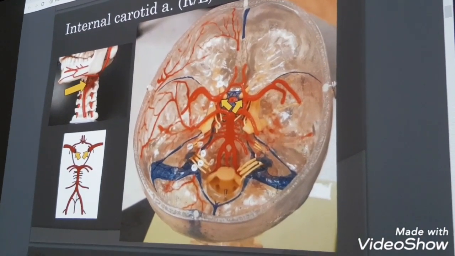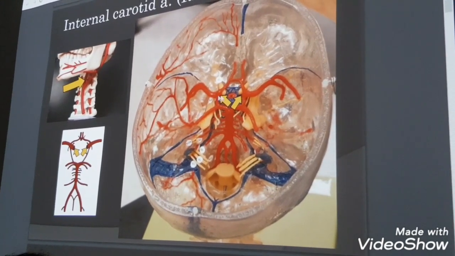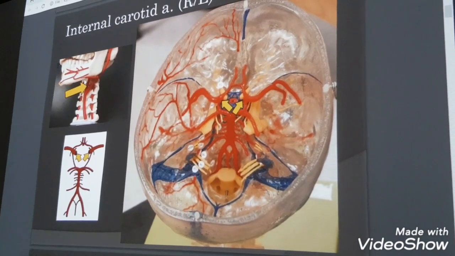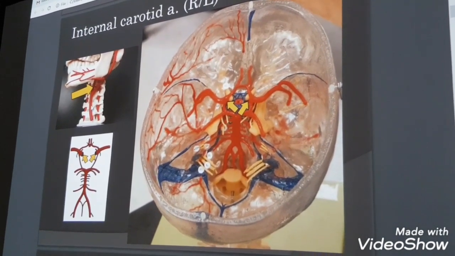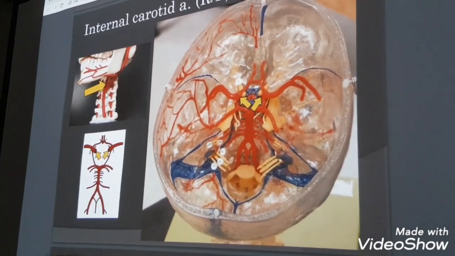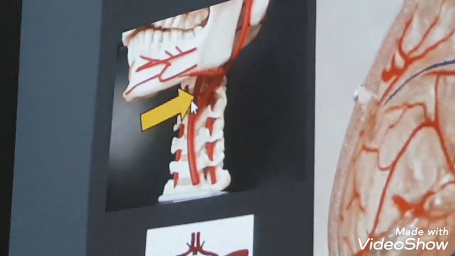So if we have vertebral artery, basilar artery, we can also see remnants of the internal carotid artery. So if this is the common carotid, it branches into external and internal.